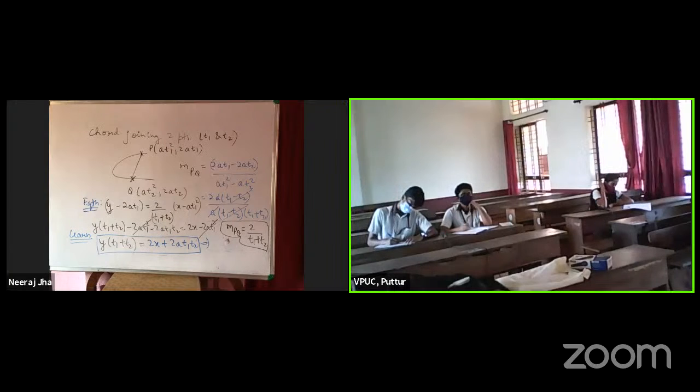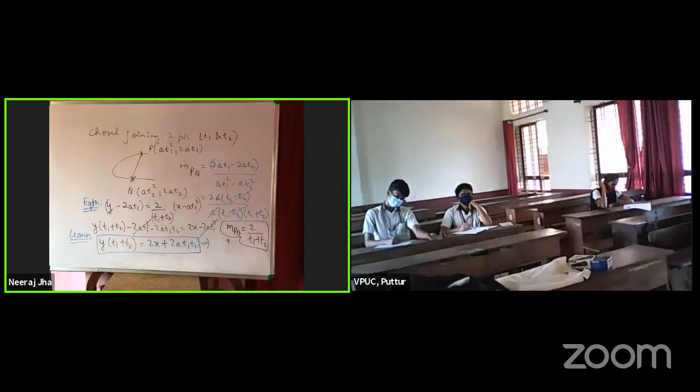This is the equation of the chord which is joining 2 points t1 and t2 of the parabola.